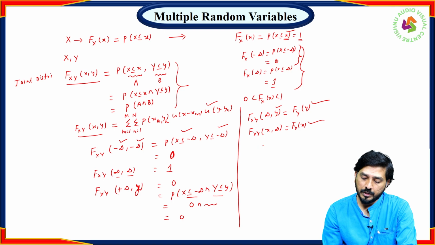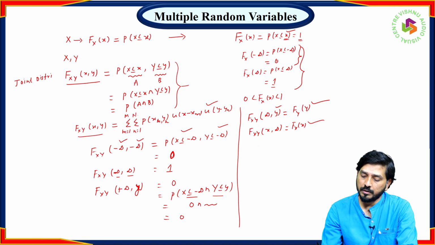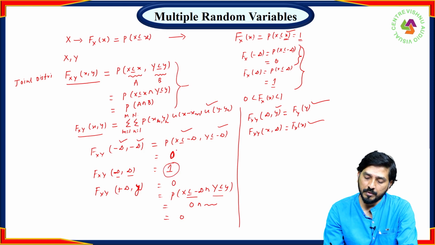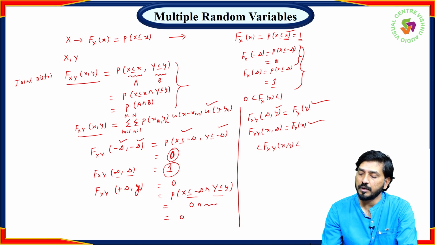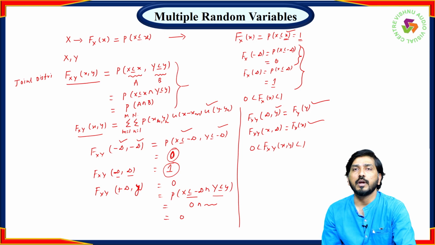Similarly, as you observe, the maximum value is 1 and the minimum value is 0. Here the joint distribution also lies between the two values 0 and 1.